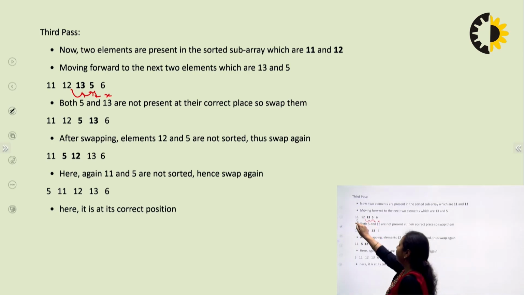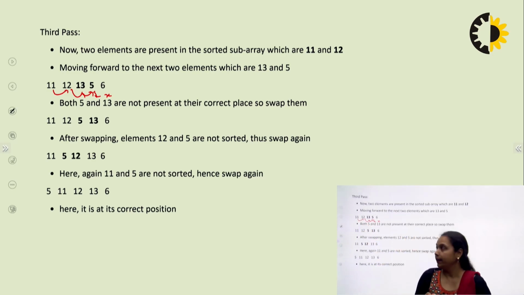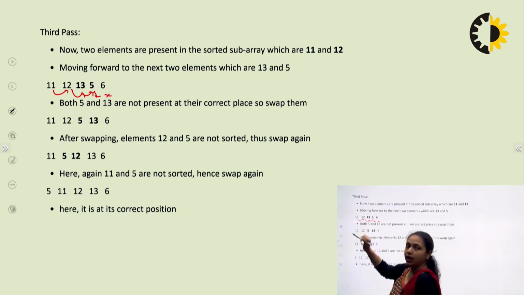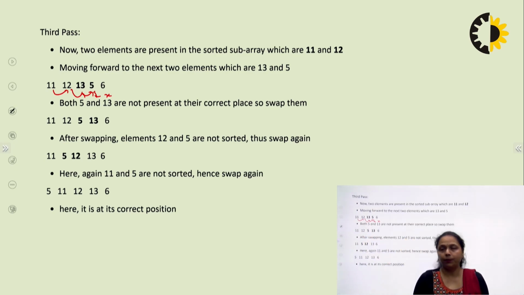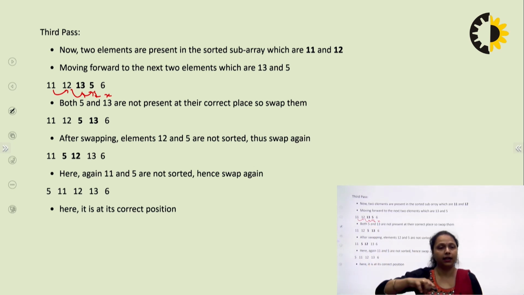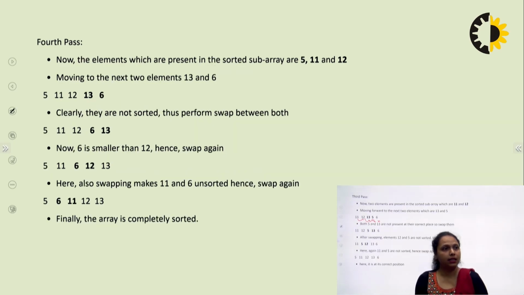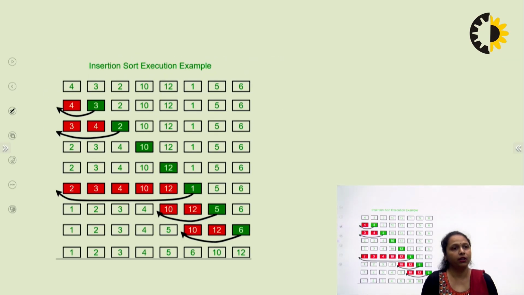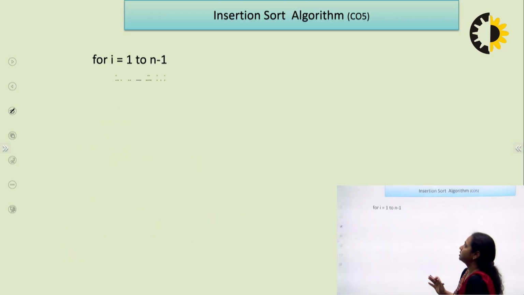Again it is compared with 11. 11 will come at the place of 12. Now the position of 11 is empty. So we will just simply put x at that place. Same with the 6. So in this way we are going to sort the list using insertion sort.